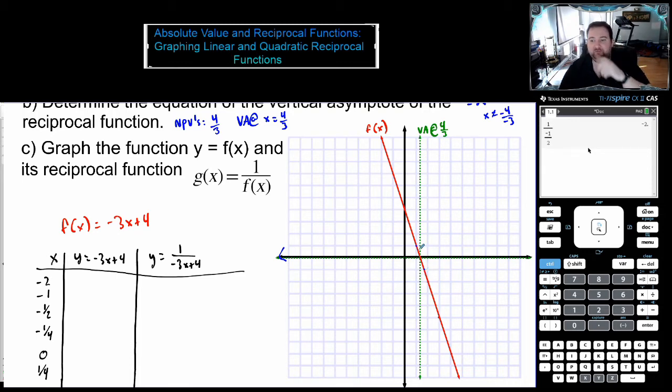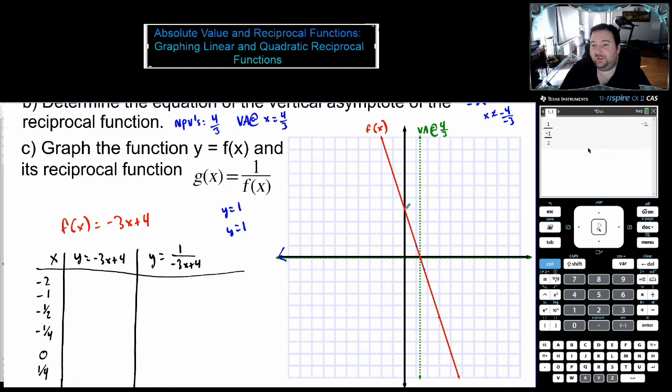So those are always going to be true. When y equals 1 and when y equals negative 1 of your f of x, those are invariant points. So now I know it's in these quadrants, right? And what's going to happen as we get, let's look at this point here.